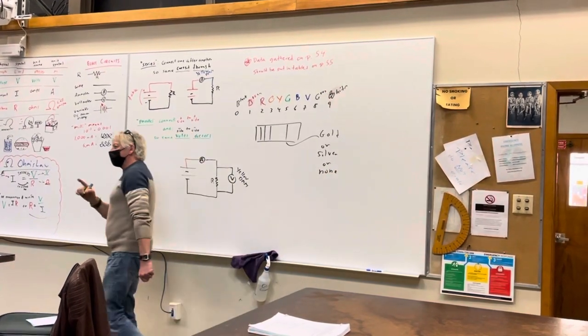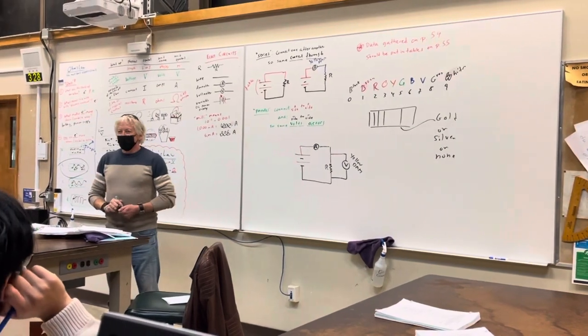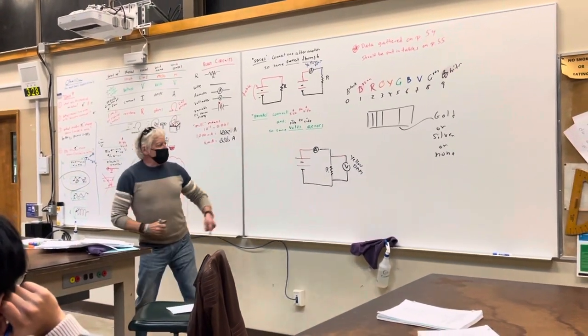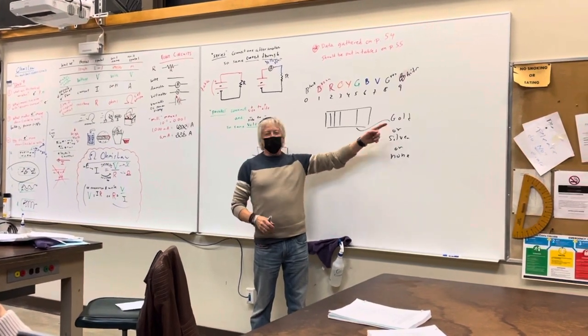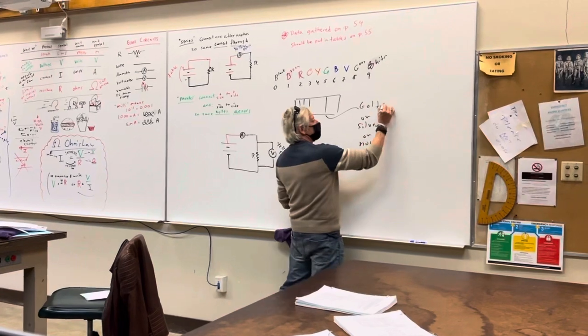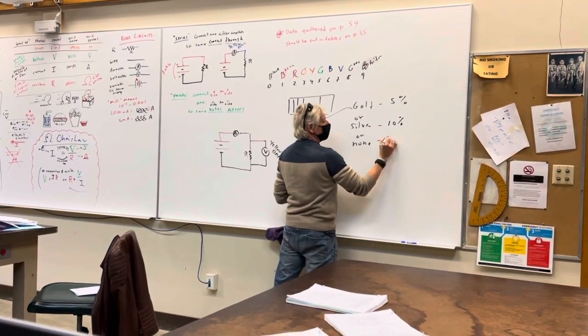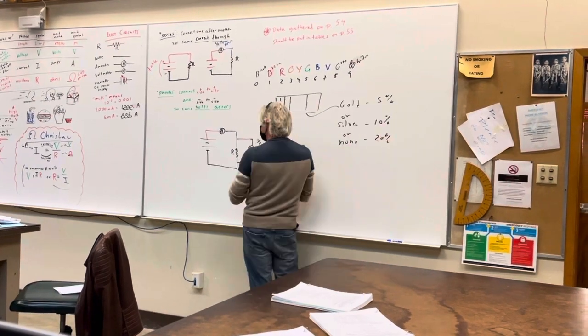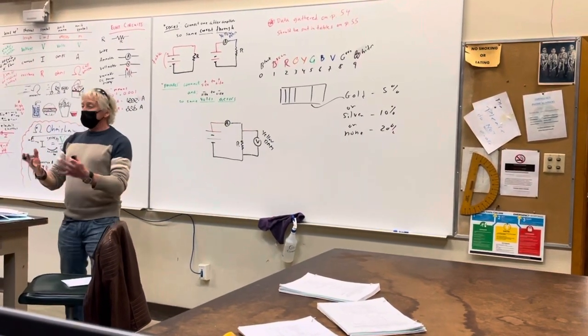That tells you how much you can trust that resistor. These are cheaper to make. They didn't check them very carefully. So what does gold stand for? You tell me. 5%. What's silver? 10%.